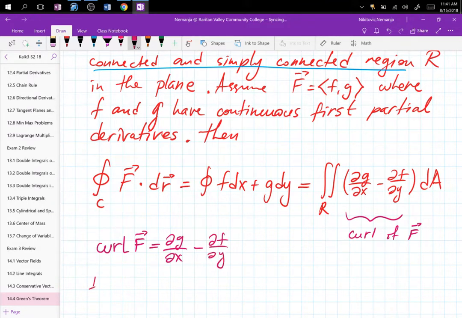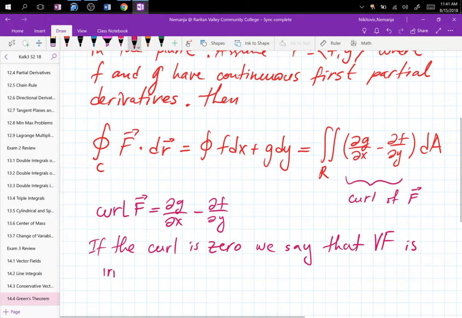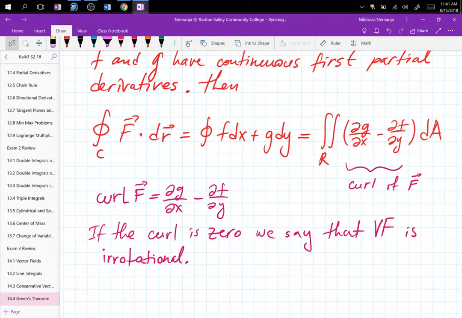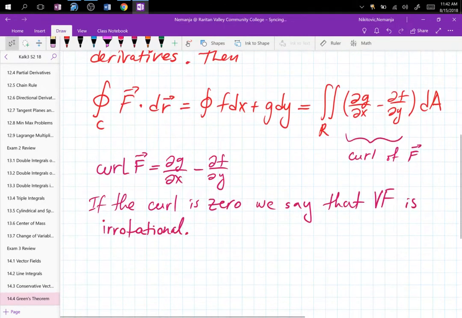If the curl is 0, we say that the vector field is irrotational, it doesn't spin. So this is what we have as Green's theorem for the circulation part.